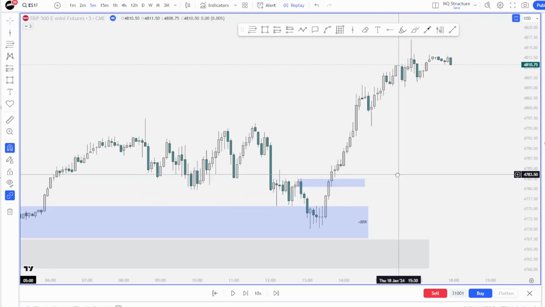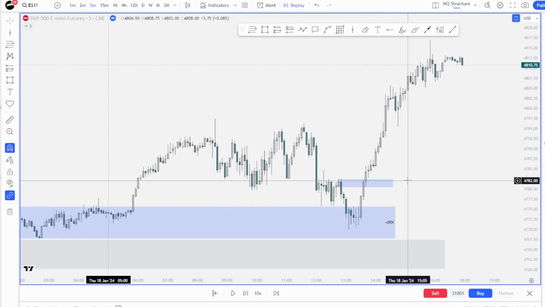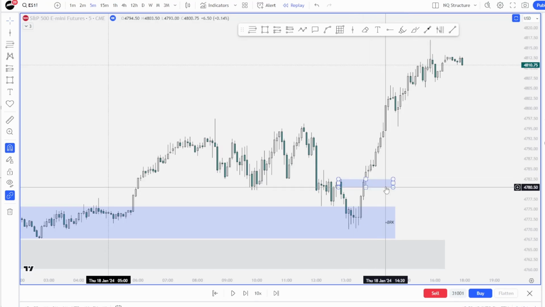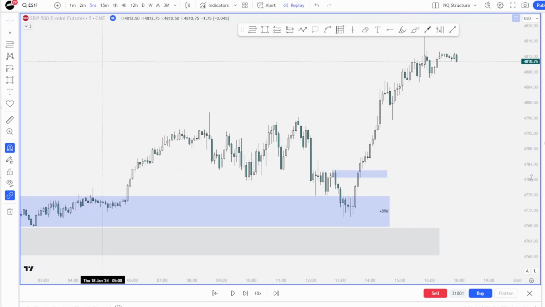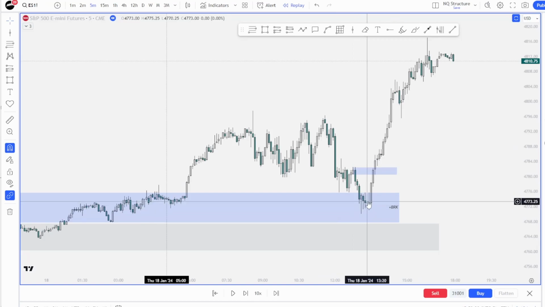But nevertheless, whether you're looking at the CFD or the futures, this would still be a good means of entry. Unfortunately, on the futures chart, it didn't show the actual labeled tag compared to what it did on the MetaTrader. But the reaction off of the hourly key level was bullish.